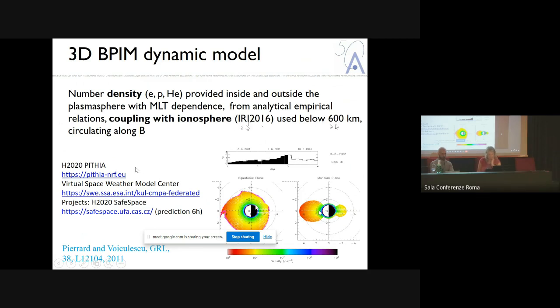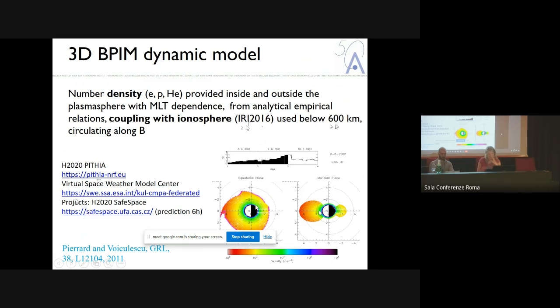There are different websites where you can find this version of the model. It's the PITHIA website, the Virtual Space Weather Modeling Center that Nathan just showed. And in fact, it's just the coupling, this link that is provided on the PITHIA.